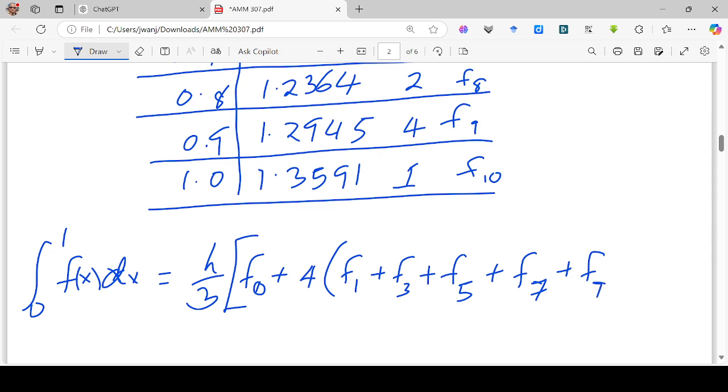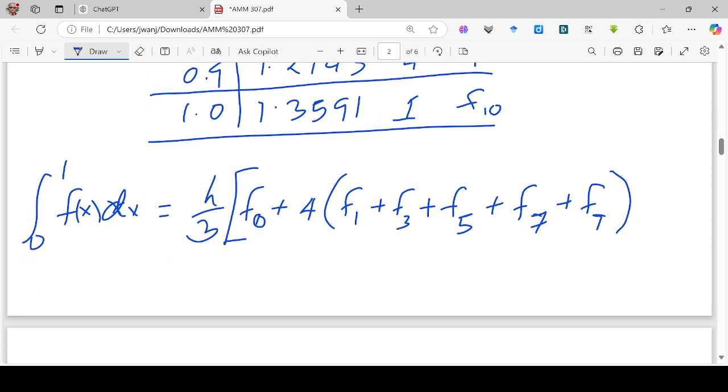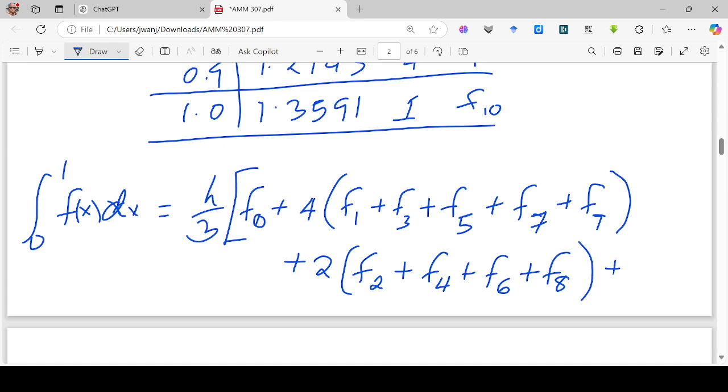Those are the odd ordinates. Then the even ones, except the first and the last, are multiplied by 2, so we have 2 times f2 plus f4 plus f6 plus f8. The last ordinate is multiplied by 1, so we have f10. We close the bracket.